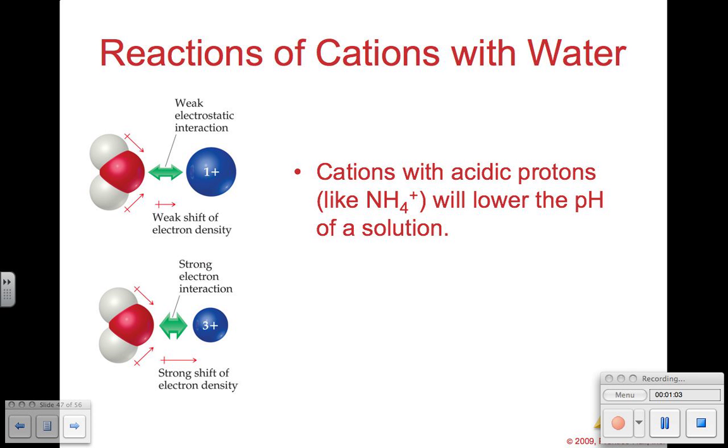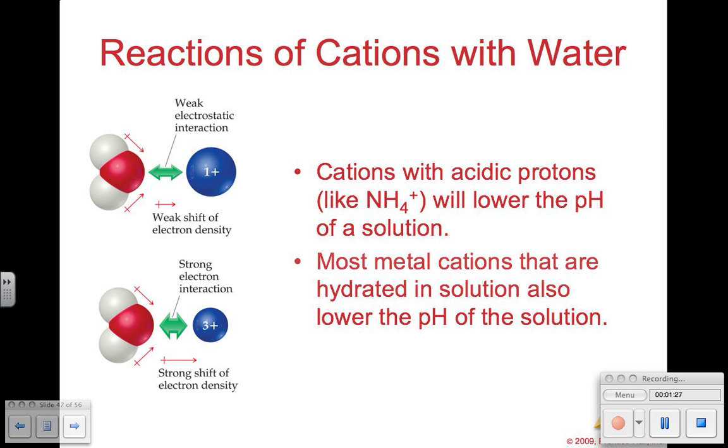So then let's talk about the cation piece. Cations are positively charged ions, typically the remnant, like let's say you dissolve sodium hydroxide. But cations with acidic protons, like ammonium here, NH4 plus, will lower the pH of a solution.